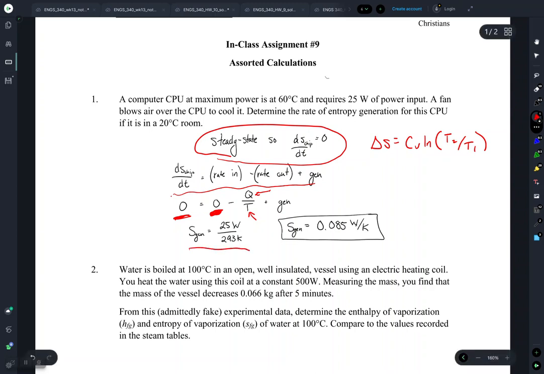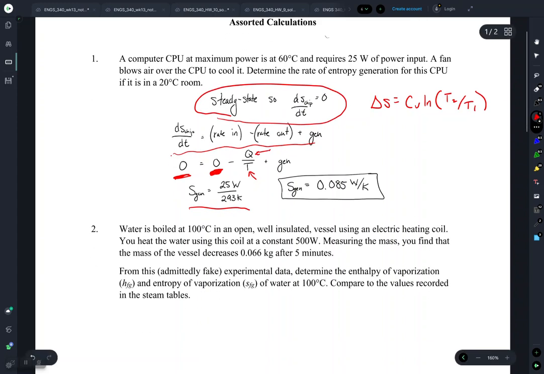So we get that the entropy generated is 0.085 watts per Kelvin, which tells us S gen is a positive number. That means, yes, spontaneously heat will flow from this 60 degrees C computer chip out and into the room at 20 degrees C. That's a spontaneous process, right? Heat flows from 60 to 20. Shouldn't be very surprising. But that's how we can start to use S gen.